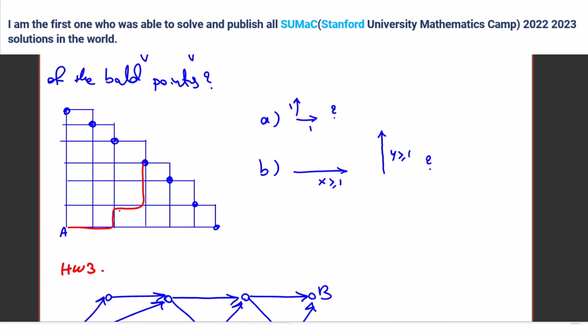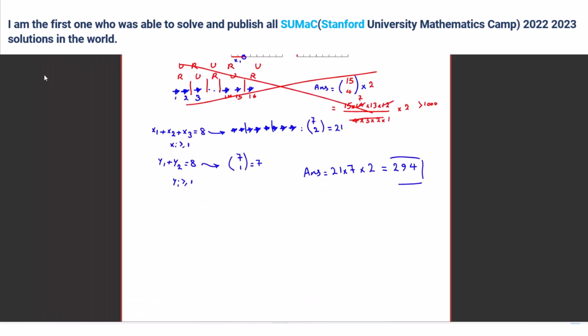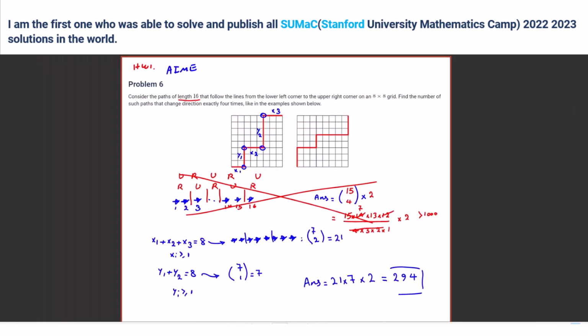We always have 6 R's and U's, right? You can say 6 R's, 5 R's and 1 U, 4 R's and 2 U's. But for this one, the number of R's plus the number of U's cannot be said to be always 16 with all of them working, because the number of R's always should be 8, and the number of U's always should be 8, right? So we should solve them separately.